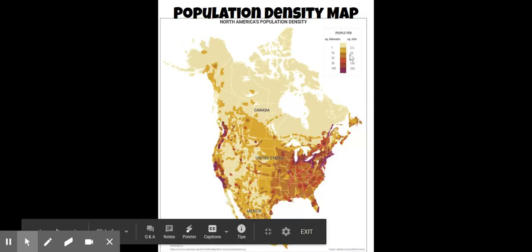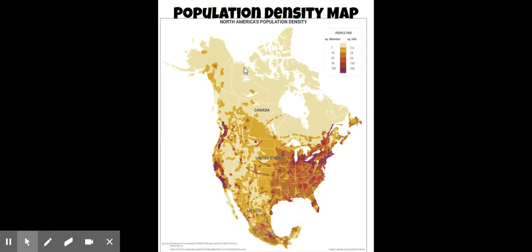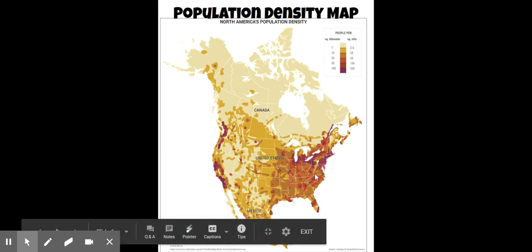So when you're interpreting this map, you can see that the lower areas are in Canada, and the higher population densities are in this darker purple color. You'll notice that they are near the coastlines, here in New York and in the Northeast, and in California along the western coast up to Washington.